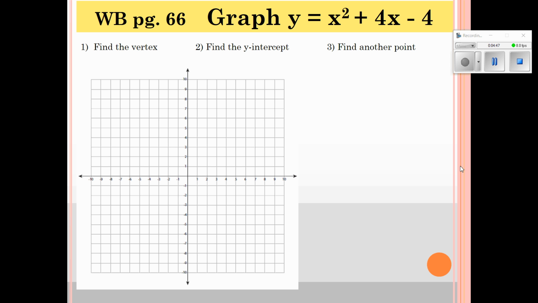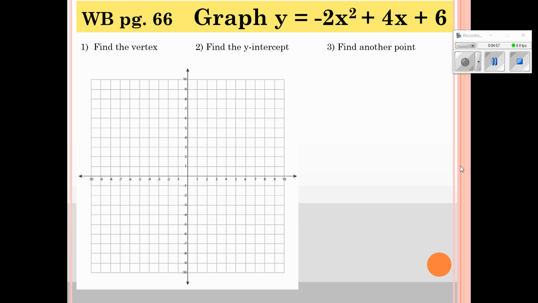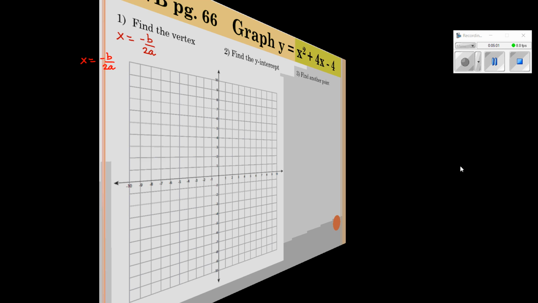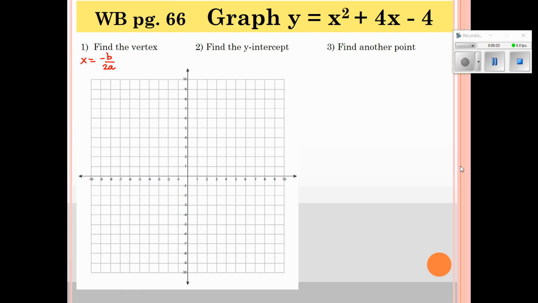First, we're going to find the vertex. Remember, we start by finding the axis of symmetry, negative b over 2a. So when we do our negative b over 2a, let's go back. The opposite of b is going to be negative 4, divided by 2 times a, which is 2 times 1.